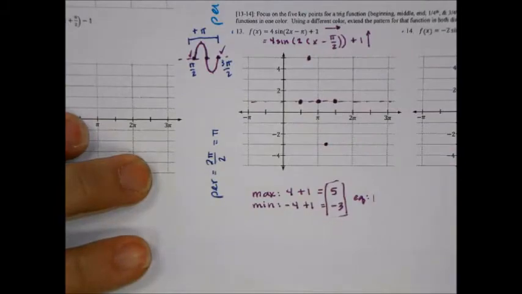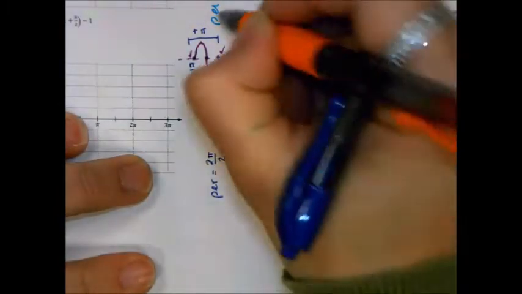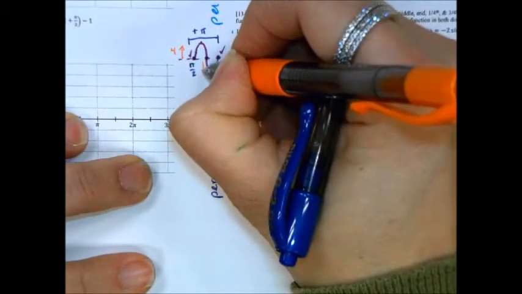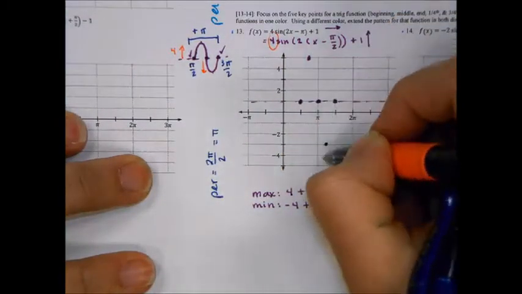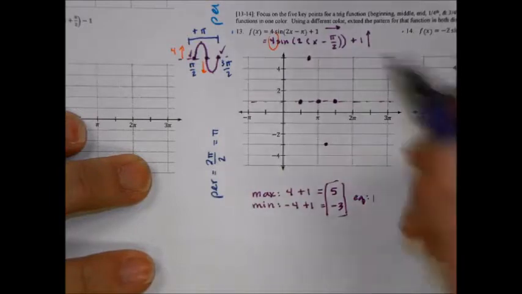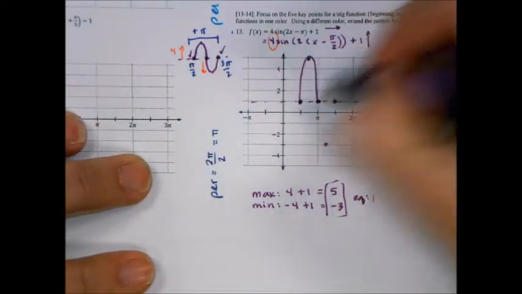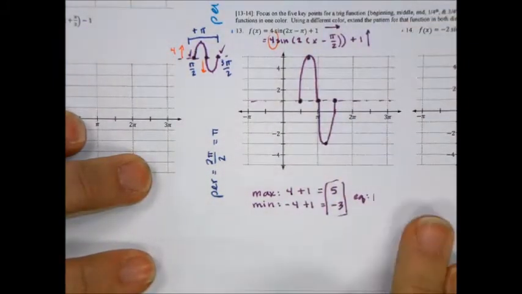So with the amplitude being 4, this means from the equilibrium up is 4 units, or the equilibrium down is 4 units. And so you could just count up 4 and count down 4. So this is going to give us the first period for pi, for sine.